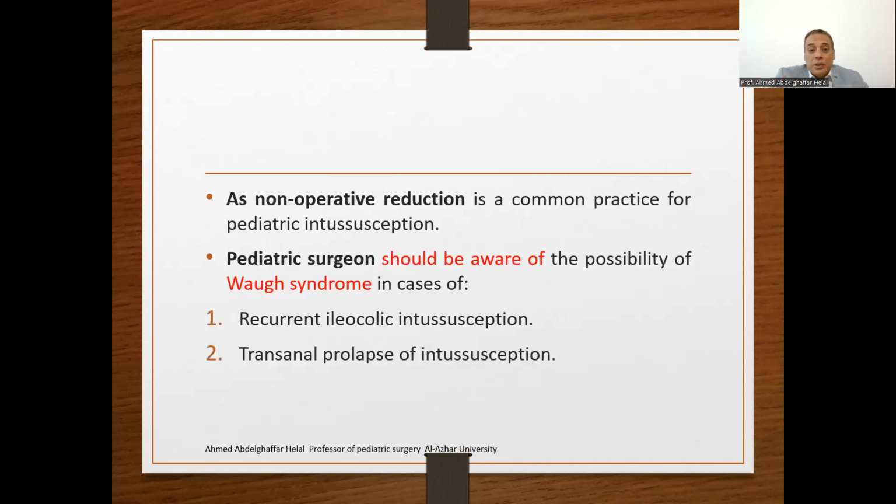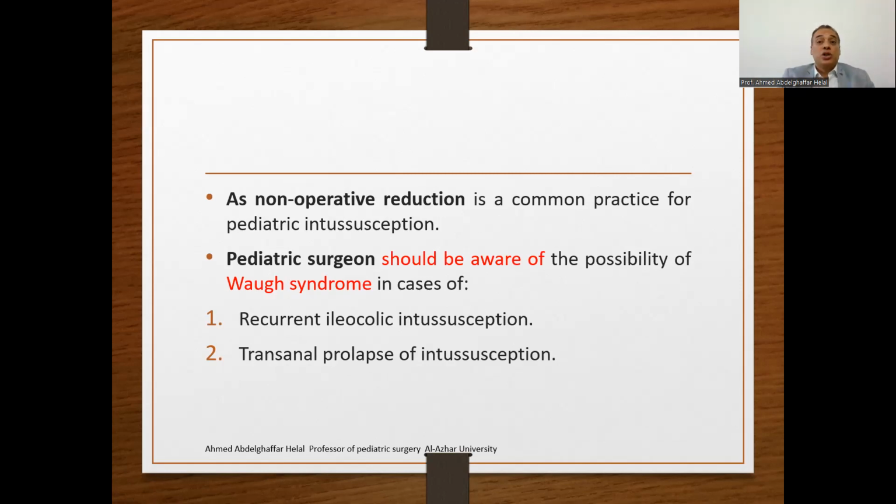Let's see. As non-operative reduction is the common practice for pediatric intussusception, the pediatric surgeon should be aware of the possibility of Waugh syndrome in cases of recurrent ileocolic intussusception. Number two, a child presenting with transanal prolapse of intussusception.